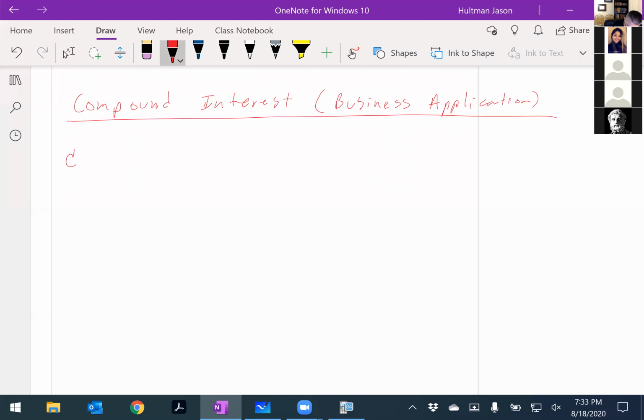If something is compounded annually, then we use the formula A equals P times 1 plus R to the T power, where P is our initial amount, called our principal.